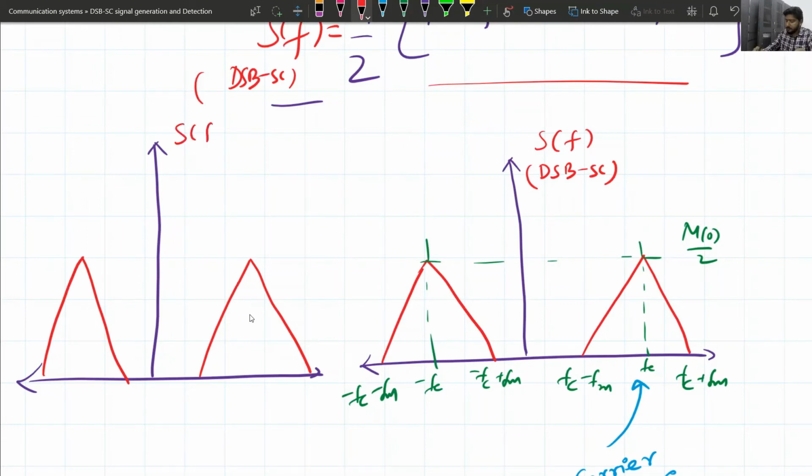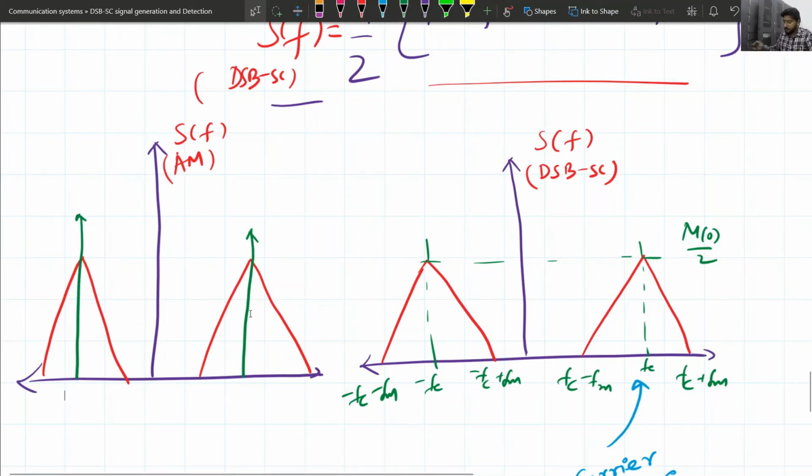If this is the frequency domain representation of the amplitude modulated wave, we will have an additional frequency term at the central frequency.